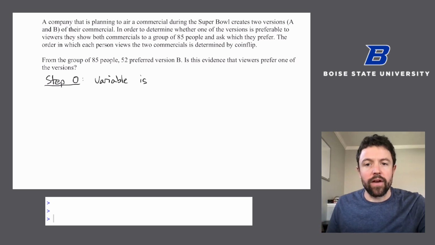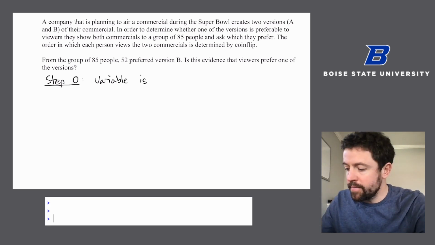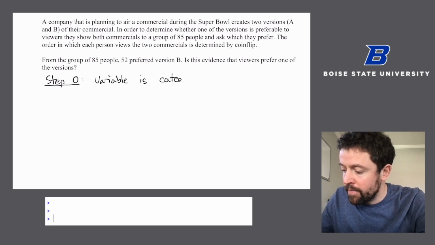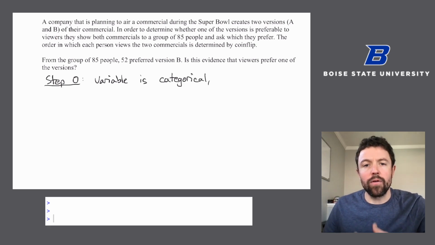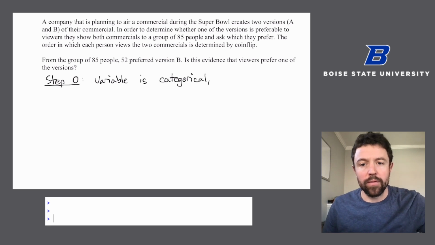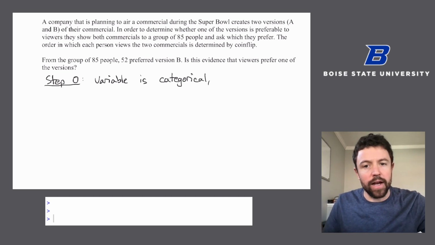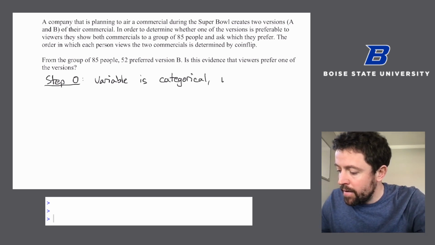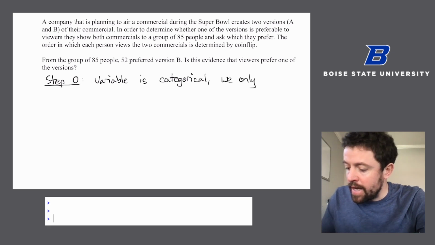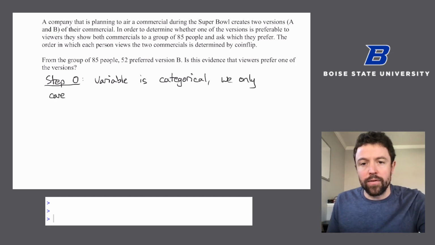The values of the variable are commercial A or commercial B. And in particular, we're only interested in one proportion, or in other words, this categorical variable, we only care about two values. It's either A or B. And so that means that this is going to be a module 5 type thing. It's going to be a one sample Z procedure.